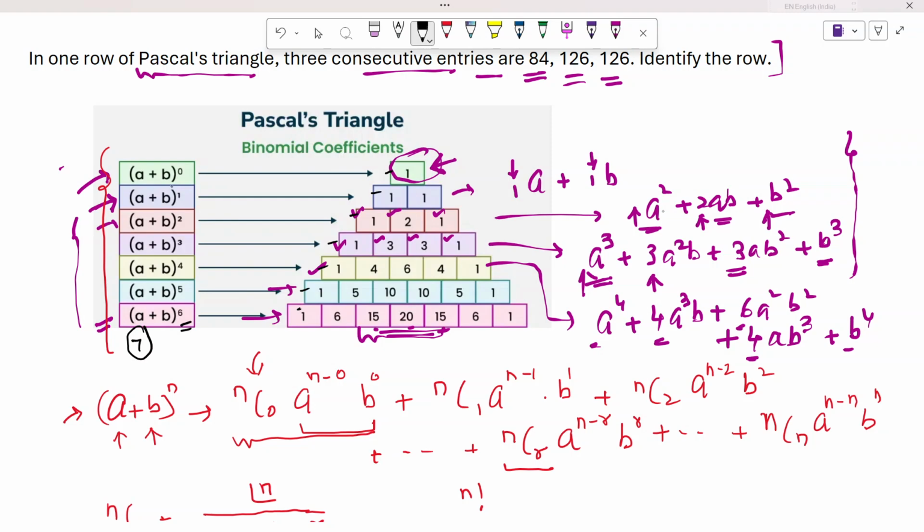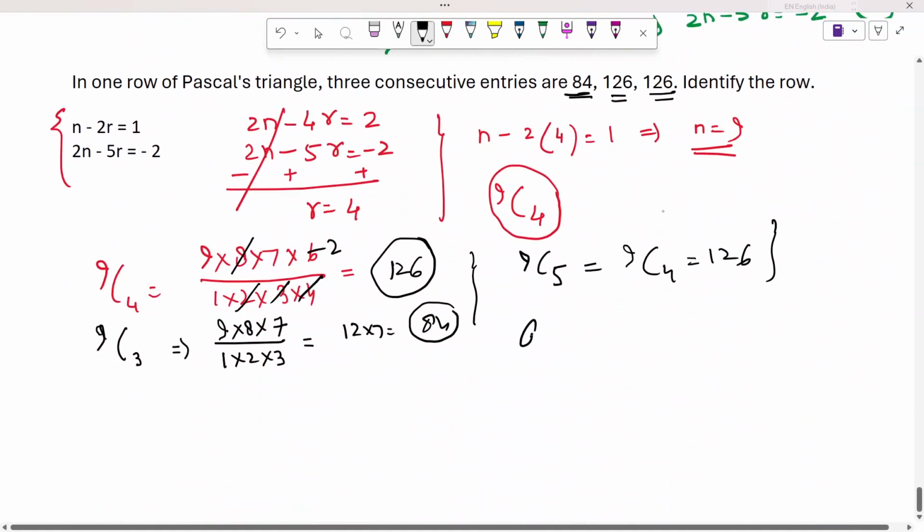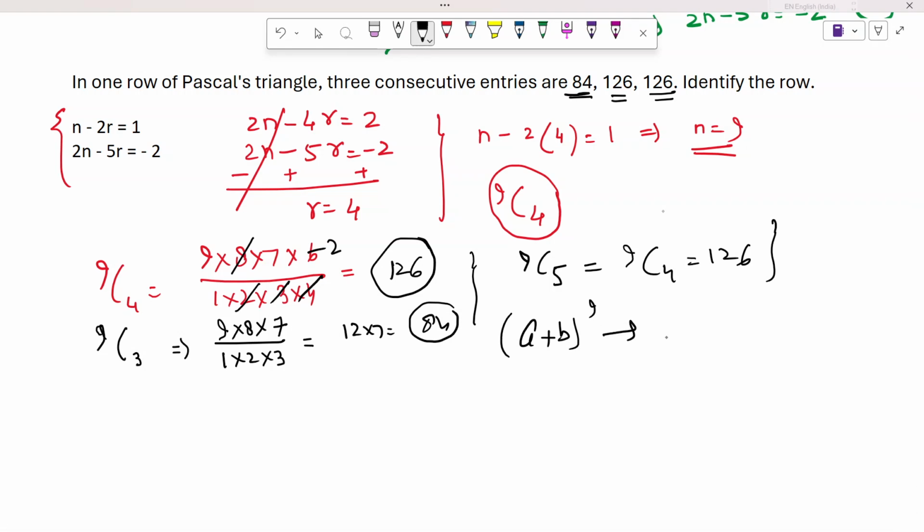But that is when you start with a plus b raised to power 0, which means 1. If you are starting with a plus b raised to power 1, which is more rational, then this row number is 6. So of course when a plus b is raised to power 9, and we are finding its binomial expansion such that the three consecutive entries are 84, 126, 126, then it is of course the 9th row.